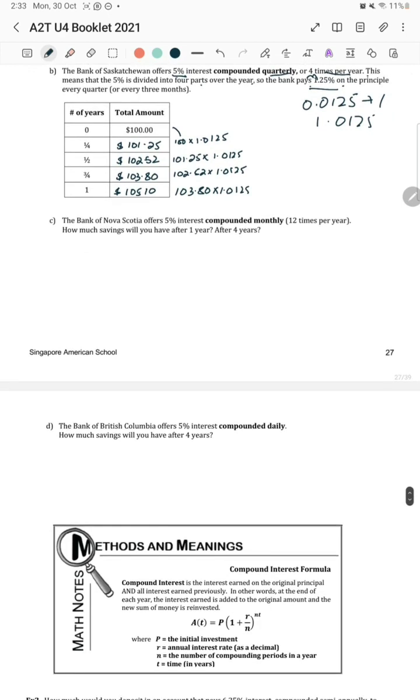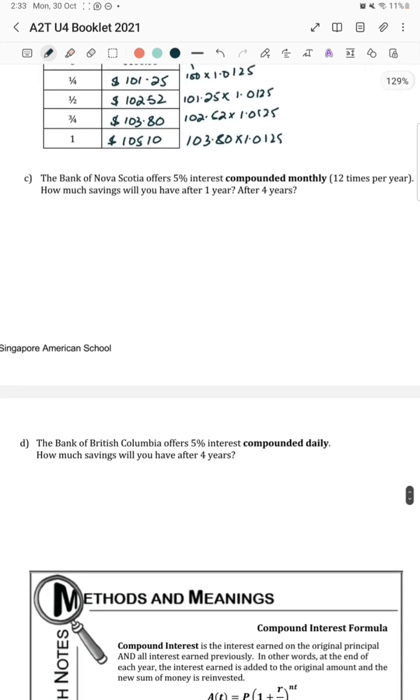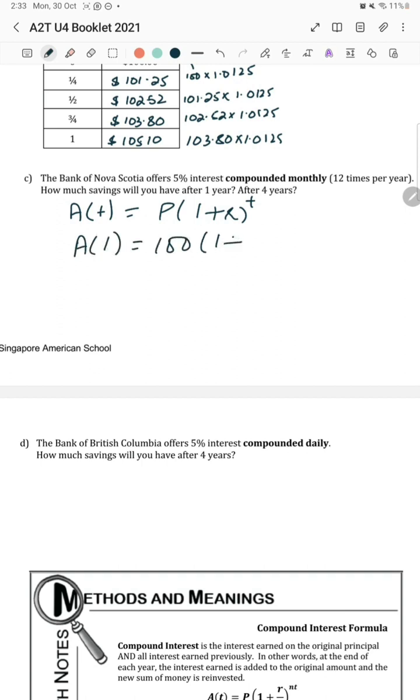Okay, the Bank of Nova Scotia offers 5% interest compounded monthly, 12 times per year. How much savings will you have after 1 year and after 4 years? So again, the same formula that we used last time, that was A of t is equal to P times (1 plus r) to the power t. So after 1 year, A of 1 is equal to 100 times (1 plus what is r? 0.05 compounded monthly 12 times, so it's divided by 12) to the power 12.